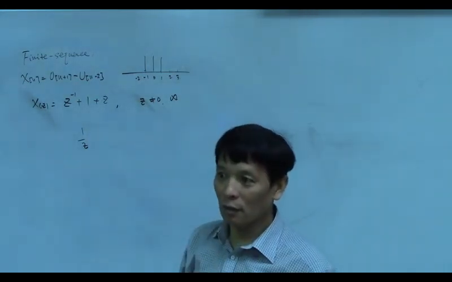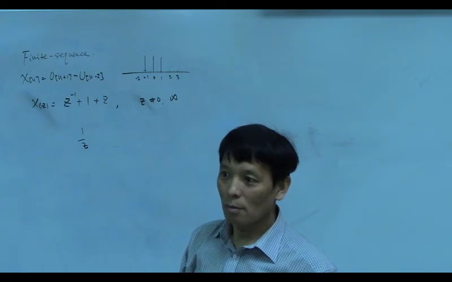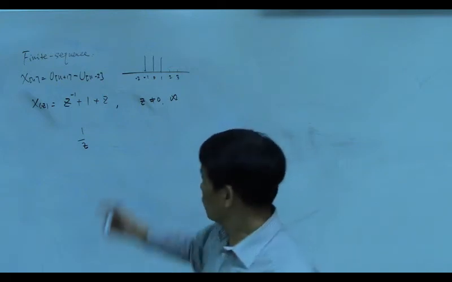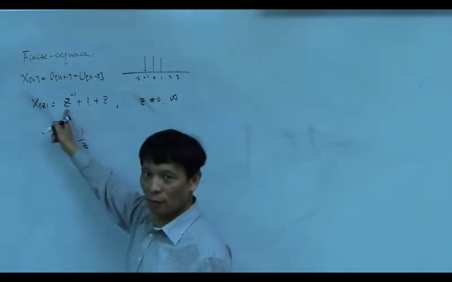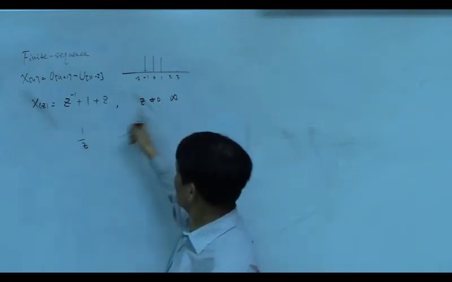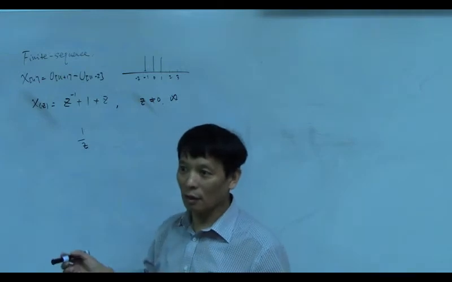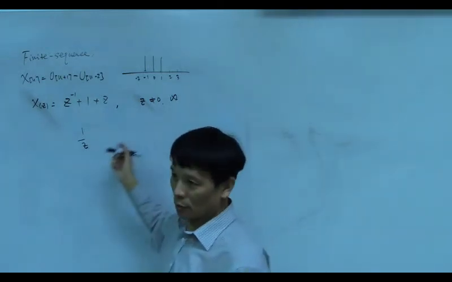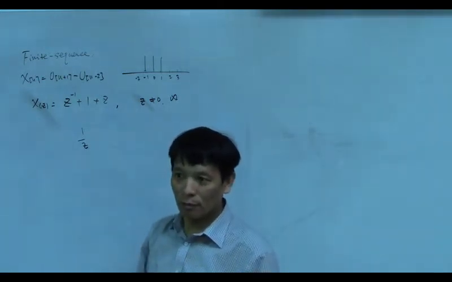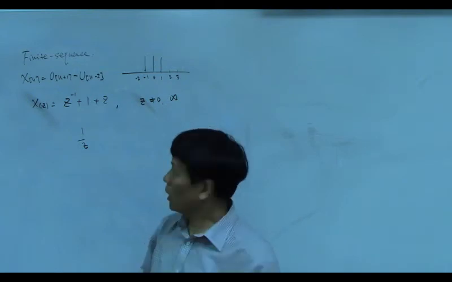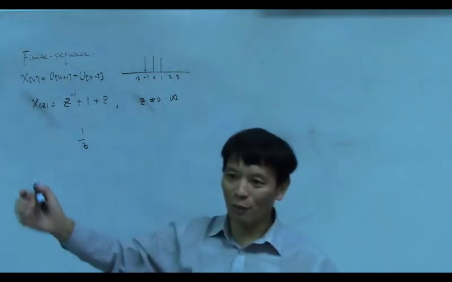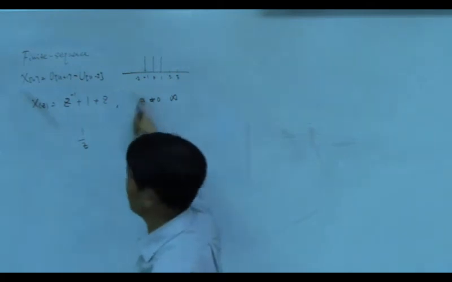If Z equals 0, it's 1 over 0, which equals infinity. So when Z equals 0, this term is not working. And when Z equals infinity, this term is not working. All other Z values will work. How about negative infinity? Positive infinity, negative infinity, the same thing, because this is an absolute value.